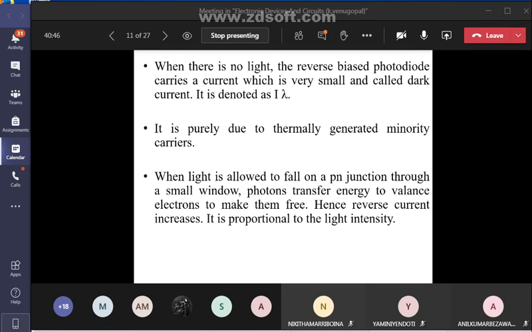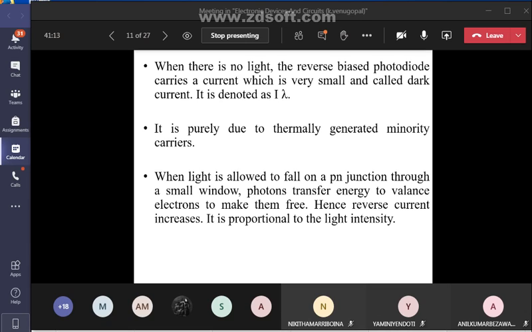This mechanism is called the inner photoelectric effect. If the light absorption arises in the depletion region of the junction, then the carriers are removed from the junction by the inbuilt electric field of the depletion region.